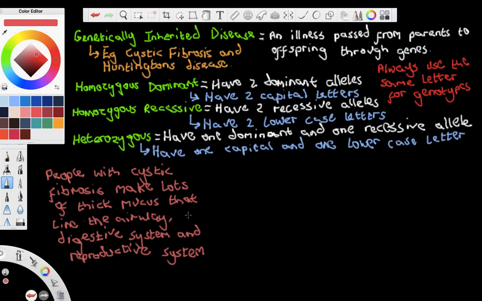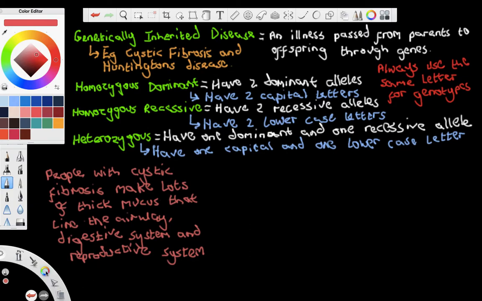Now, cystic fibrosis is a genetically inherited disease. It's passed from parents to offspring through their genes. But in order to have cystic fibrosis, you must be homozygous recessive for the illness. You must have a recessive allele from your mom and a recessive allele from your dad in order to have the illness.